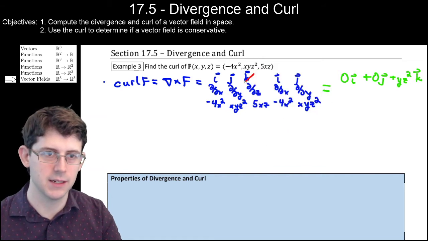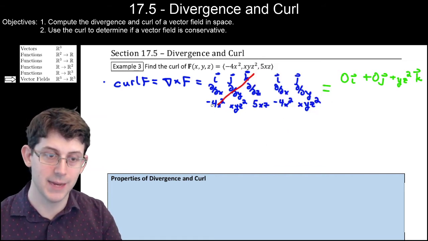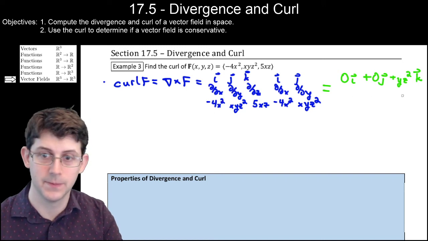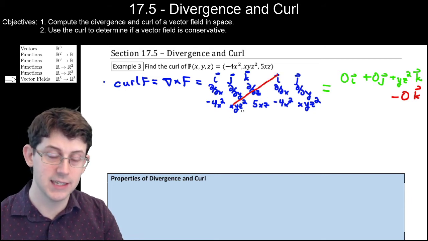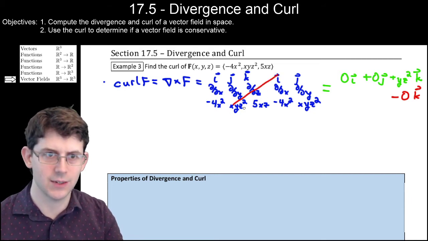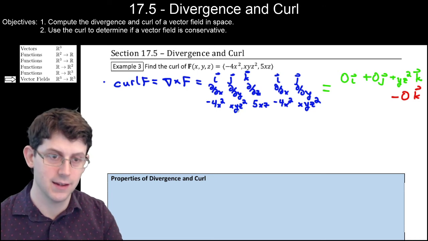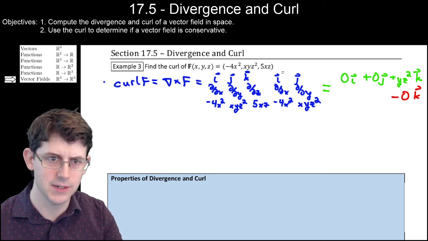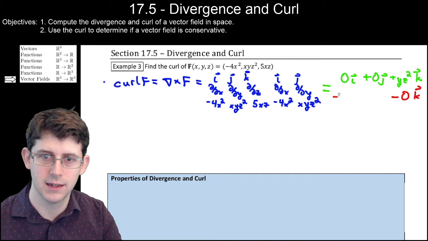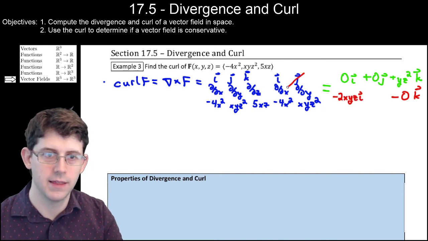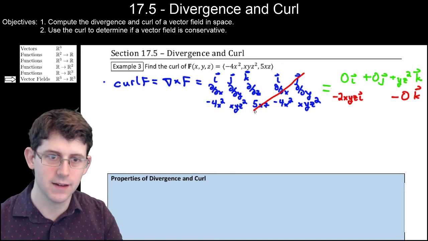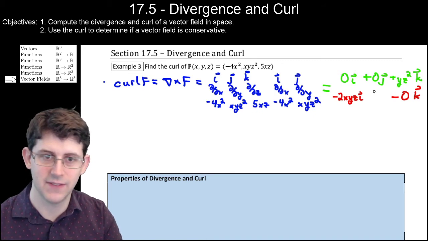Then we go backwards. Partial y of minus 4x squared, that's 0. Technically it's subtracted. Partial z of xyz squared. It seems like this xyz squared is what's causing the spinning. This is 2xyz, and it was in the i slot. And then partial x of 5xz, that's 5z.